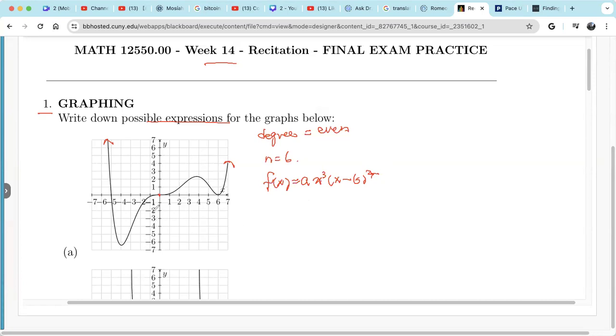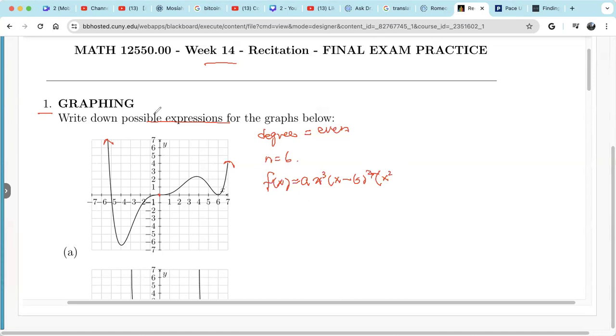Now we have no more roots, but this one goes away and doesn't touch the x-axis. That means we have complex roots there, maybe like x squared plus something.